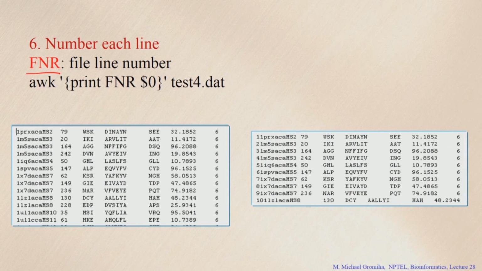If you want to consider all the columns and print everything, you write print FNR, which gives the file line number, and $0. What is the meaning of $0? The entire line. If you write $1, what will happen? It will give only the first column. If it is $0, that means the entire line, so it writes the entire line.